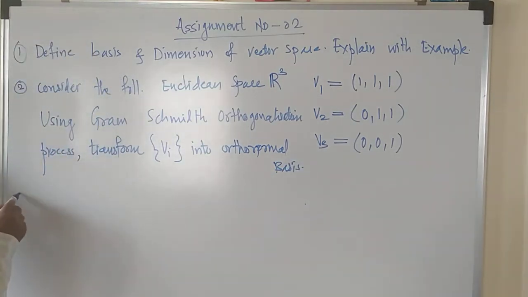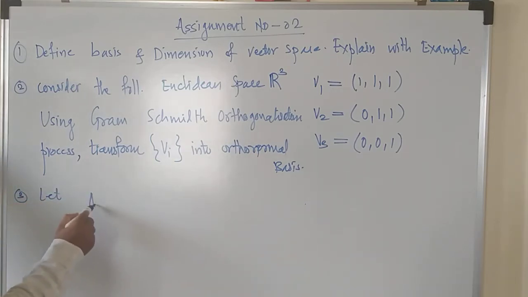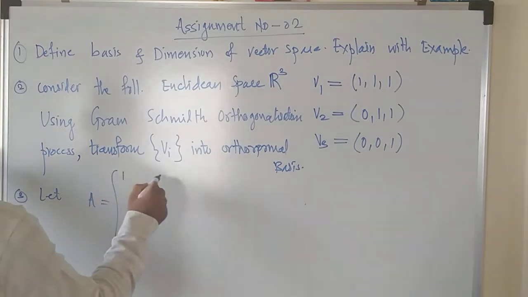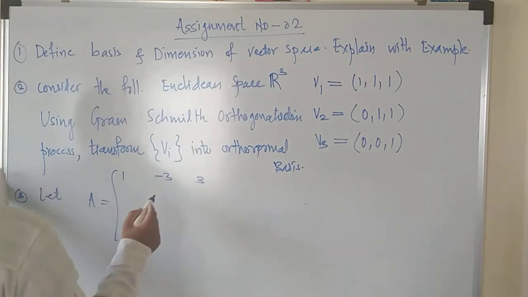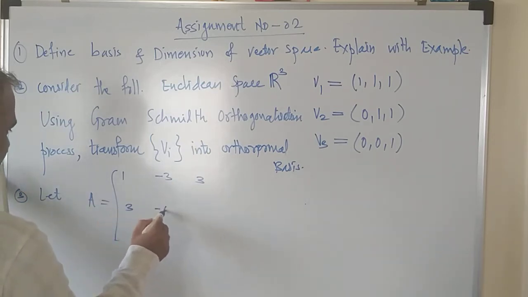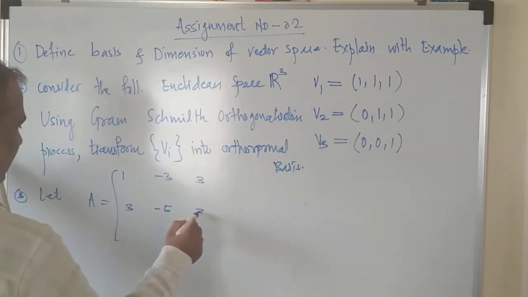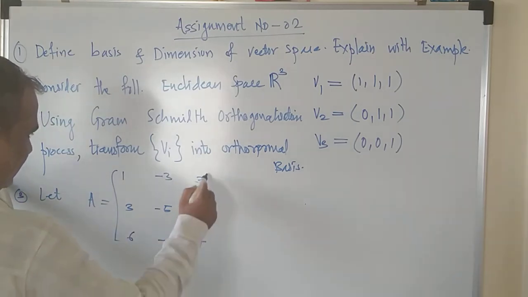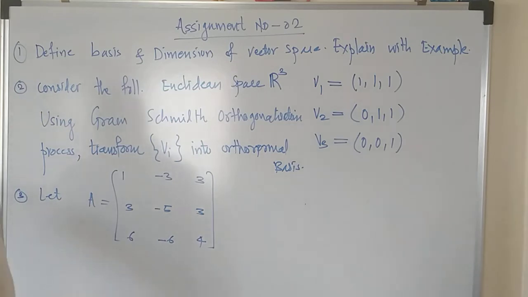Next, third, let A be the given matrix: 1 minus 3 3, 3 minus 5 3, 6 minus 6 4.